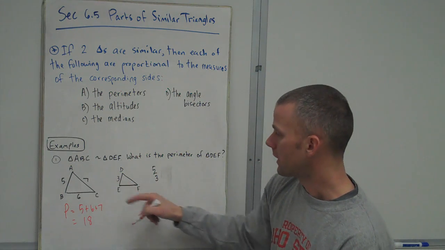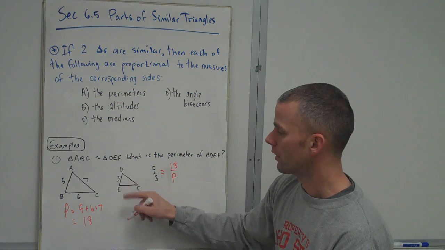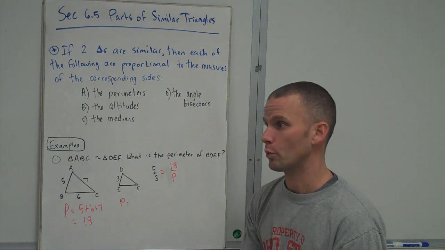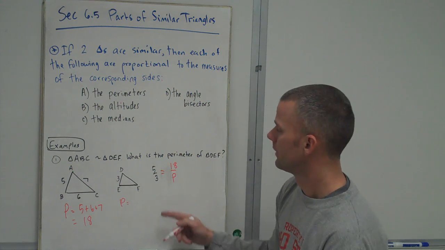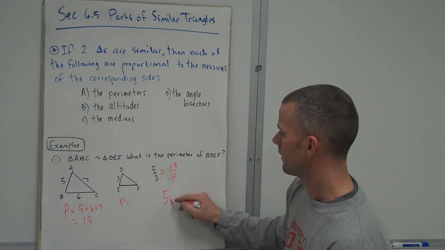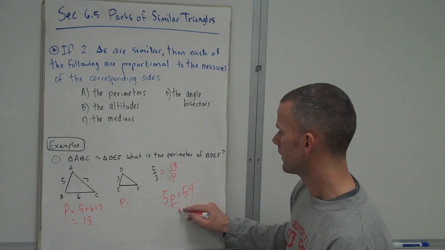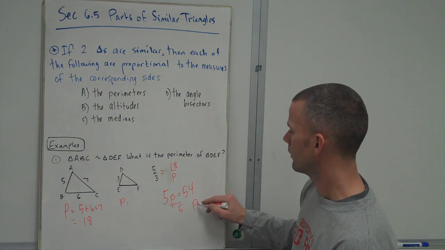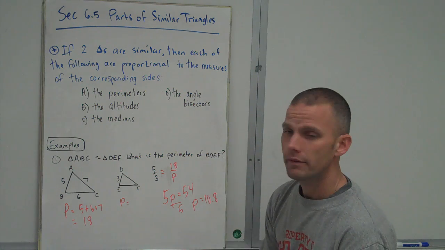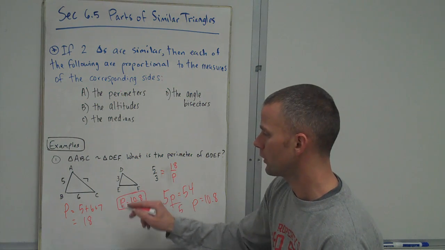So 5 is to 3 as 18 is to the perimeter of my smaller triangle. A lot easier to work with. 1 proportion, 1 measurement, and you're done. So now we cross multiply. 5p equals 3 times 18, that's 54, divide by 5, and I see that the perimeter is going to be 10.8.